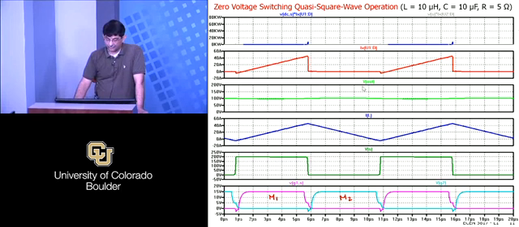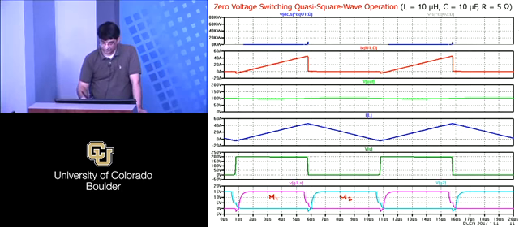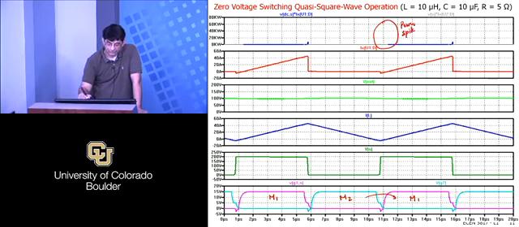But what's the big difference here? Look at the power, right? We used to have large spikes at the transition when we were turning on M1, from the transition from M2 to M1. That used to be a big spike. Power spike is gone.